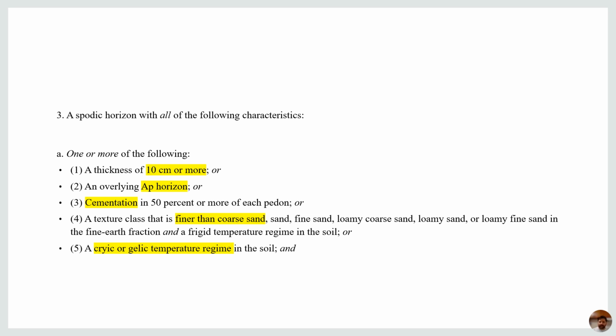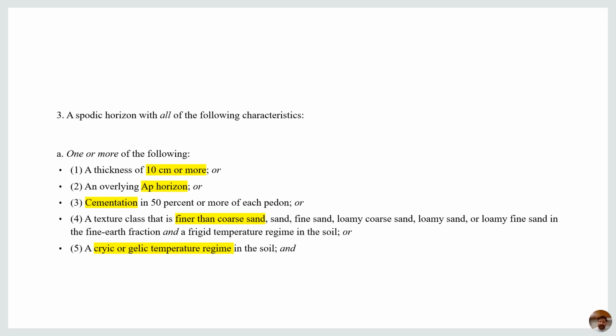Okay, what is this frigid soil temperature regime? The frigid is a little warmer than the cryic, okay. In this case we have warmer temperatures in the summer, and the difference of the temperature between the summer and the winter is equal or higher than 16 Celsius degrees.